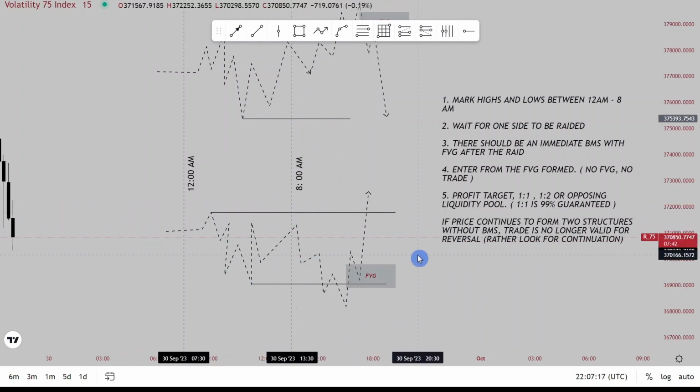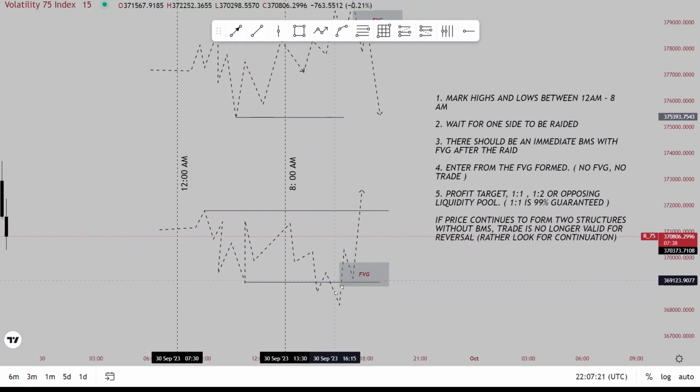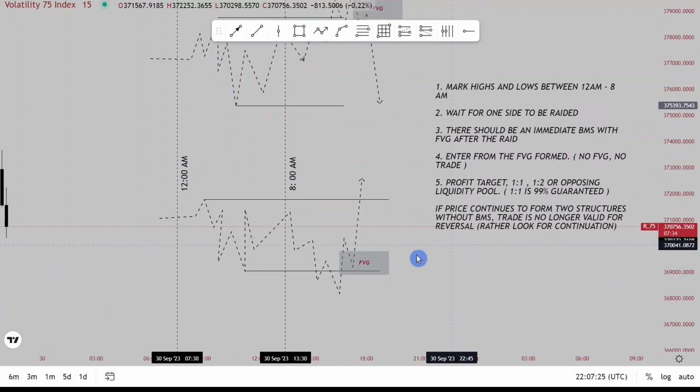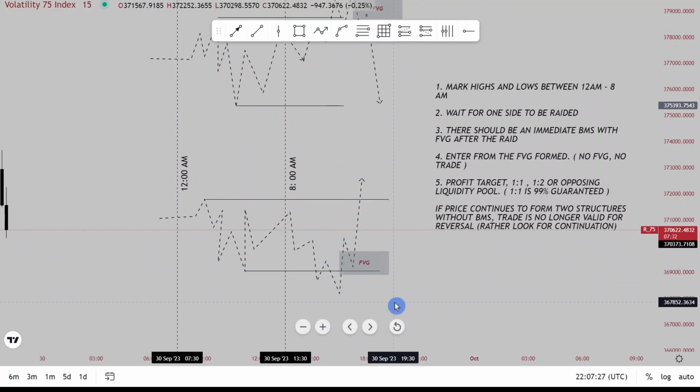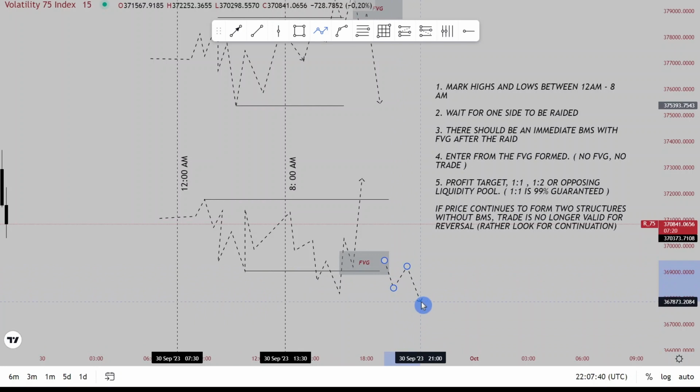Okay. Now, sometimes we may take liquidity and price will continue to break in that direction. If you see that after liquidity grab and price is still breaking in that direction, don't look for reversal, rather look for continuation. Okay, so let's say after we broke that low, instead of price breaking up, it rather continues to break down.